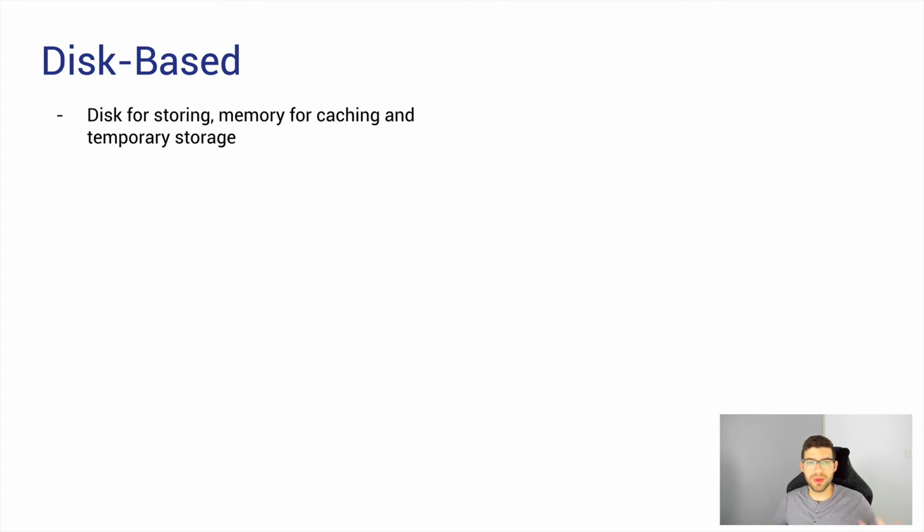And so this goes back to that durability aspect of things, where durability isn't so much an issue because a disk is durable. It's more tolerant of these external factors, these external events, right? But in many cases it does use memory for caching so that it can still speed up access to the data, and also for temporary storage, like maybe some logs could go there.